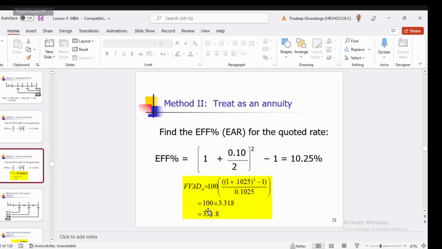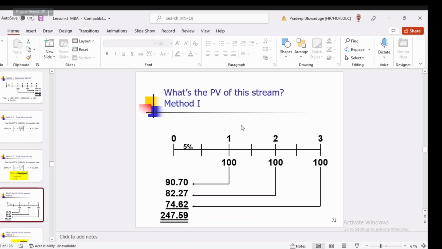So what is the present value of this stream? We learned how to calculate the future value; now we can see how to calculate the present value. Cash flows occur at 1 year intervals, like in the earlier example, and discounting occurs on a semi-annual basis. The first cash flow goes through two semi-annual periods of discounting.